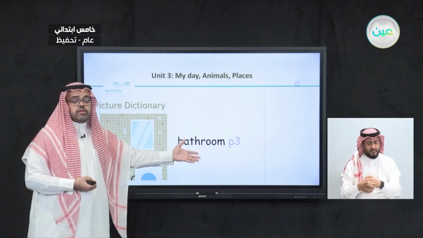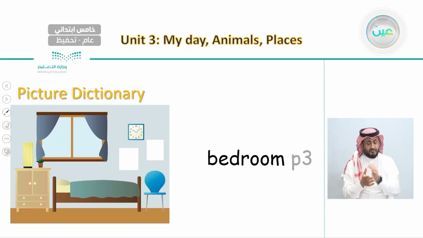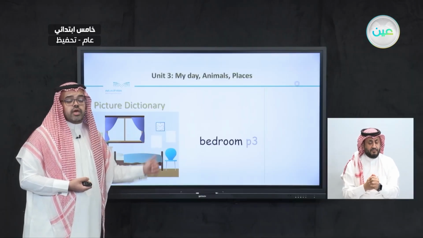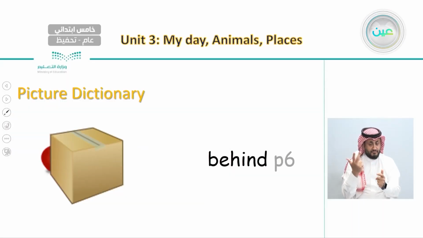Bathroom can be seen on page 3. After this, the other room, when we talk about my house, is bedroom, where we can go and rest and have a good night's sleep, which can be seen on page 3.